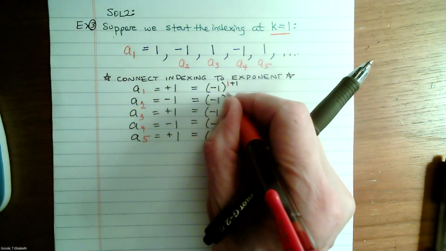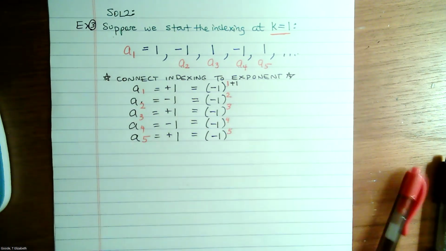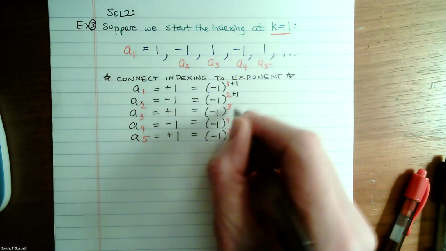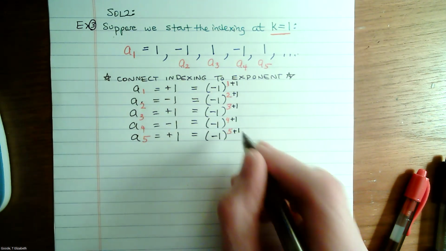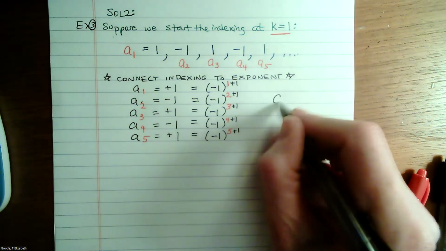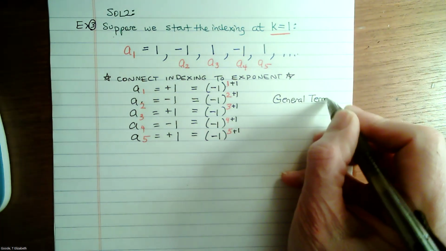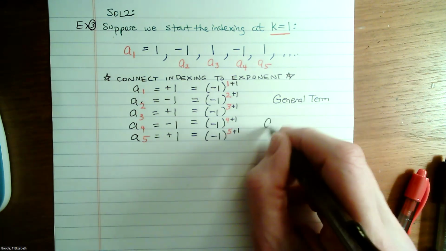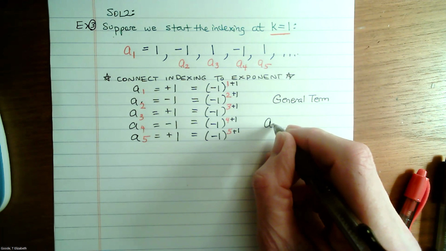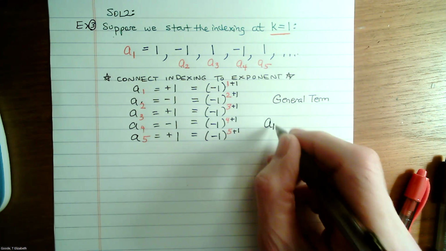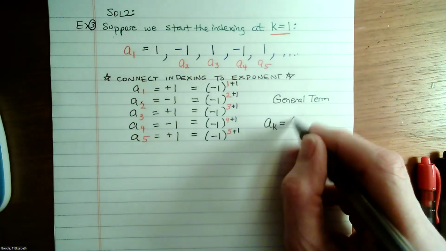So if we just take each indexing number and add 1, it'll correct the parity so that we'll get the correct sign. And in this case, our general term is going to have a different formula. And we can use a sub n, or we can use a sub k, it doesn't matter. Do you see what the formula is?